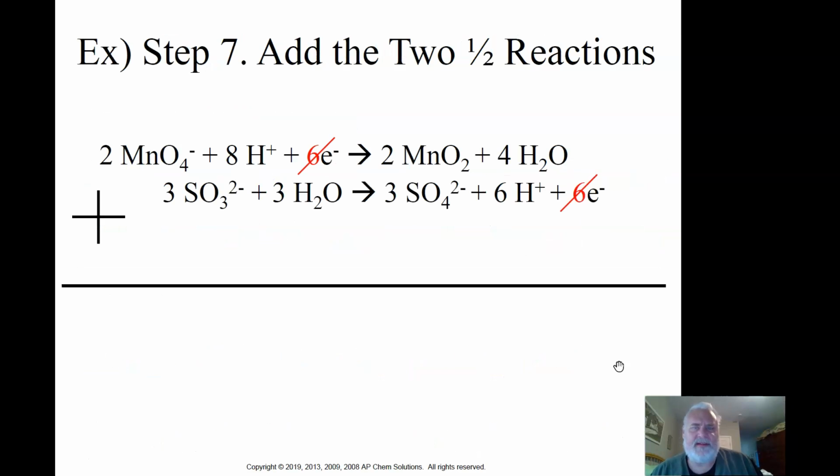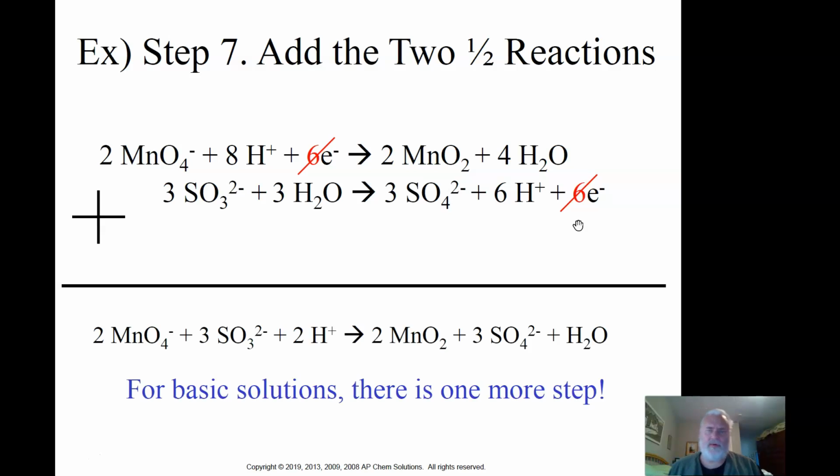Step 7 is to stack them and cross them out, and you can see the electrons will cancel out, and your overall reaction is this right here, except this ain't gonna cut it.